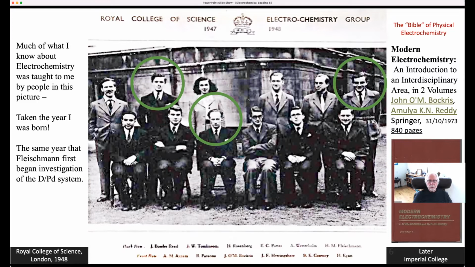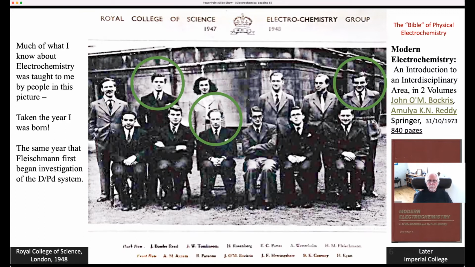I did my PhD in Wellington, New Zealand. John Bockris at that time was in Australia, so the two saw each other very often. I had many hours of fascinating discussion with John Bockris. In the back right, circled in green, is Martin Fleischmann, who was part of that group.